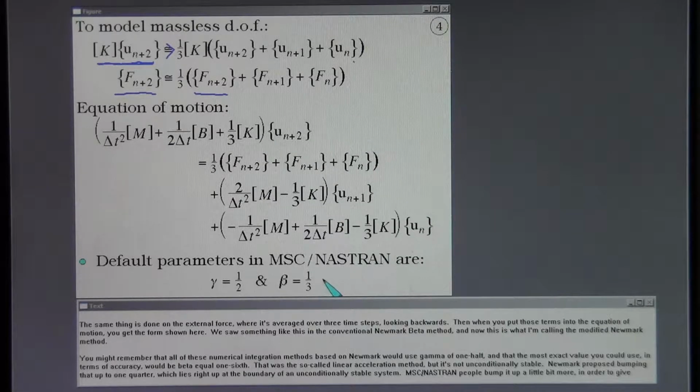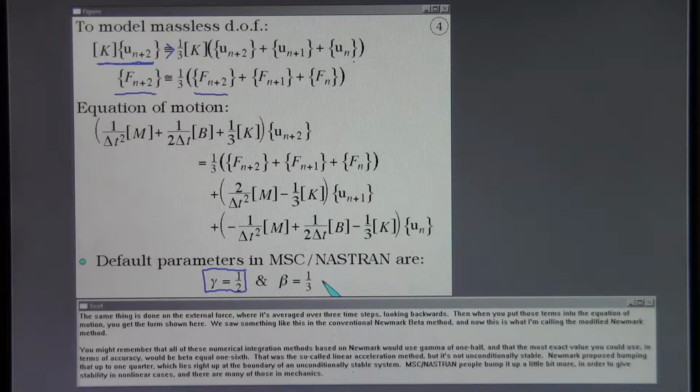You might remember that all of these numerical integration methods based on Newmark would use gamma of 1/2, and that the most exact value you could use in terms of accuracy would be beta equals 1/6. That was the so-called linear acceleration method, but it's not unconditionally stable.